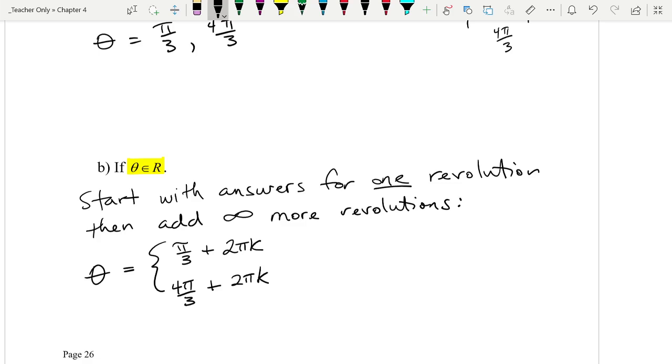But you have to define what k is. K is an element of, I'm going to use I for integers, but some people probably already know this. The fancier, more technical letter that they use for the set of integer numbers is the letter Z. I think it's a German word.